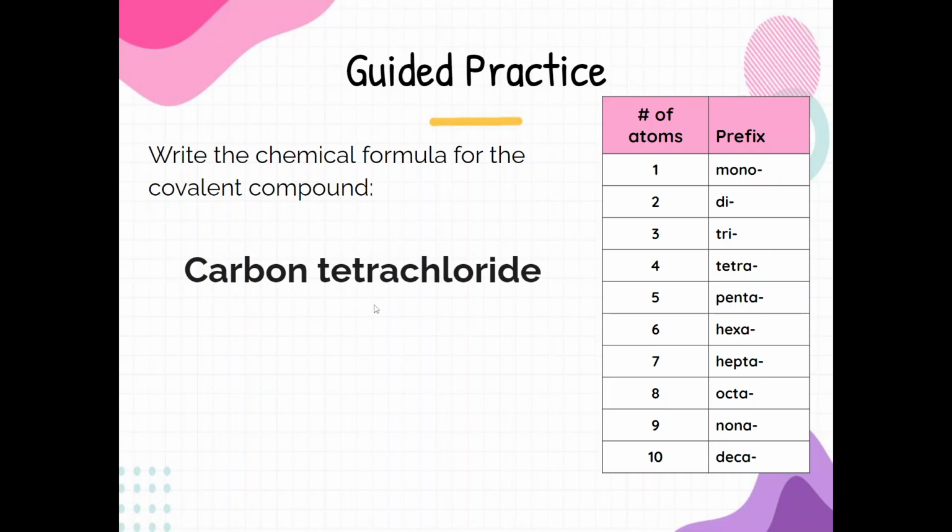So if we have carbon tetrachloride, right, remember we never put the mono prefix on the first element, so if you just see that element's name, that means you only have one atom. So carbon would just be C when we write its symbol, and then tetrachloride, chloride is chlorine, so Cl is its symbol, and tetra is our prefix for 4. And so we would write this molecule as CCl4. Since we have one carbon, you could also write C1Cl4. That would also be acceptable here.